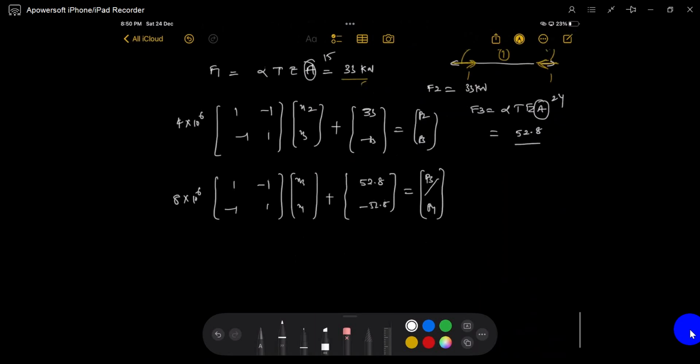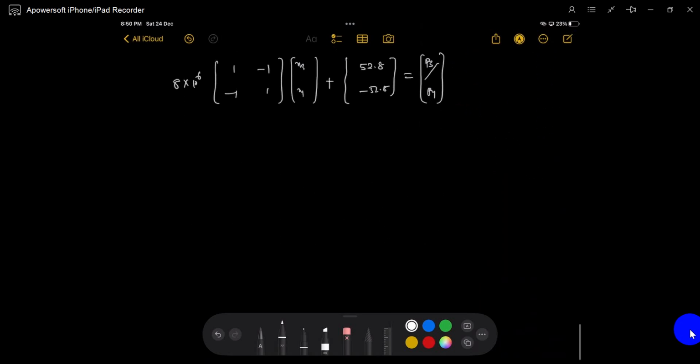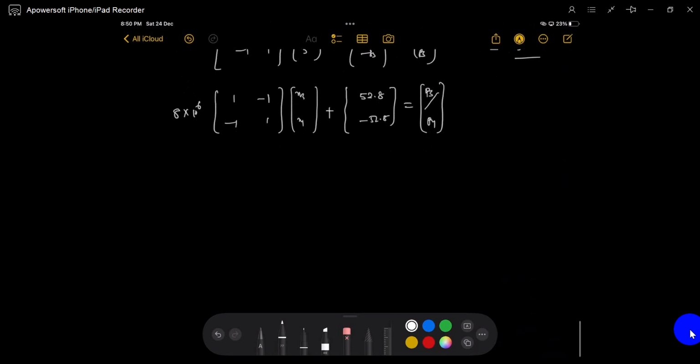So for the 1, 2, 3 elements, now we can write down the global matrix. 10 power 6 I will take outside.